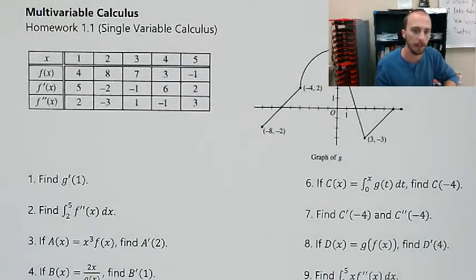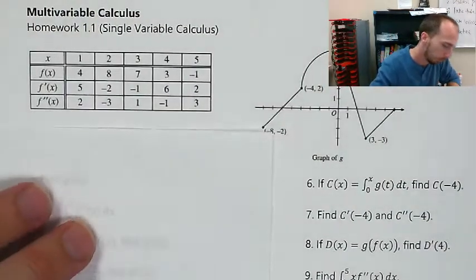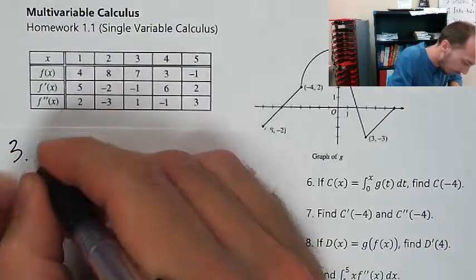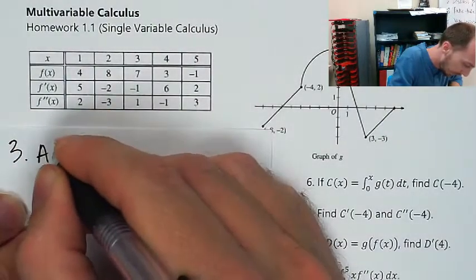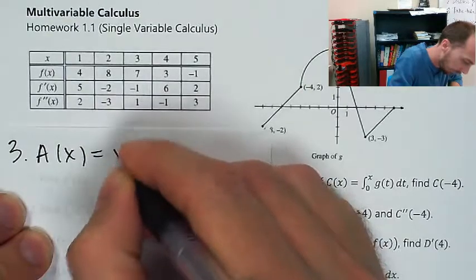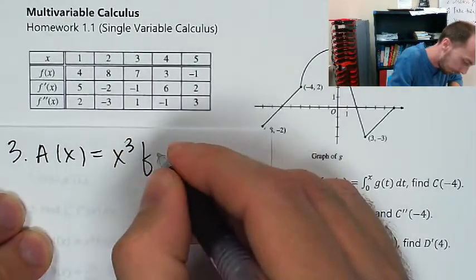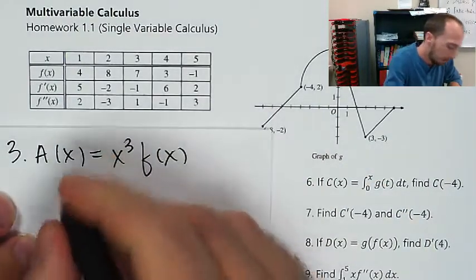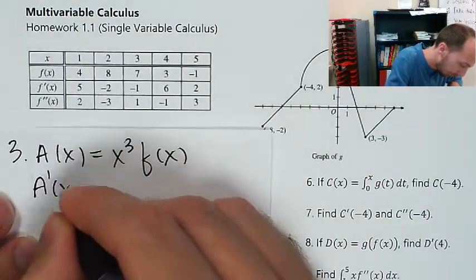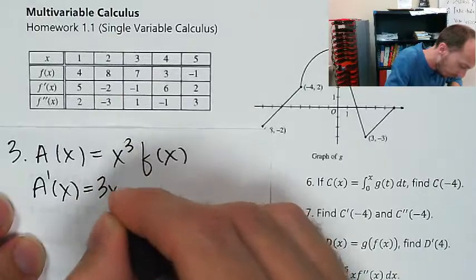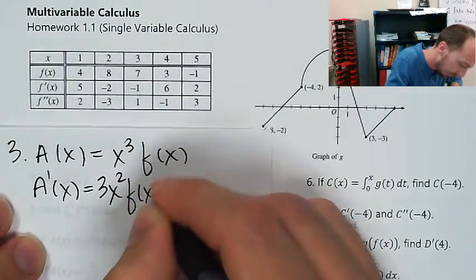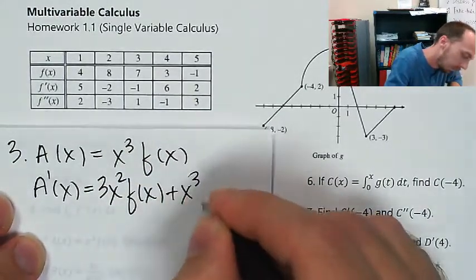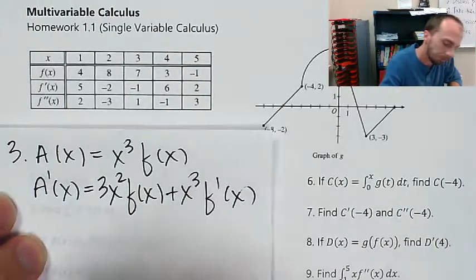Number 3, if a of x is x cubed times f of x, find a prime of 2. Okay, well, a of x equals x to the 3 f of x, right? Okay, so for a prime, I'm going to use the product rule. That's going to be 3x squared f of x plus x cubed f prime of x.